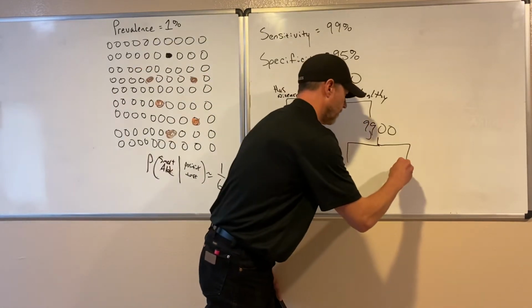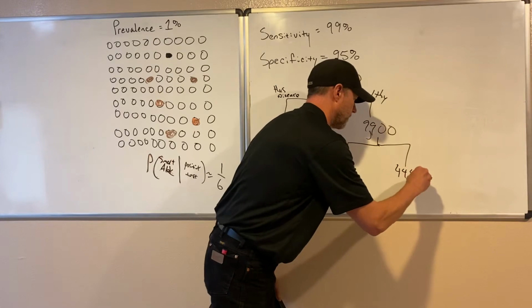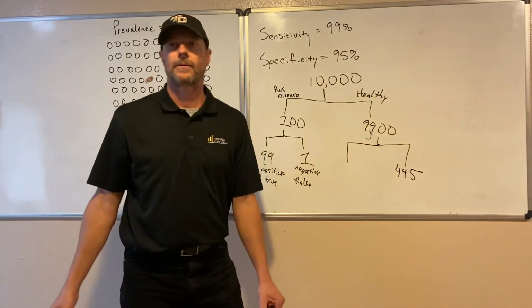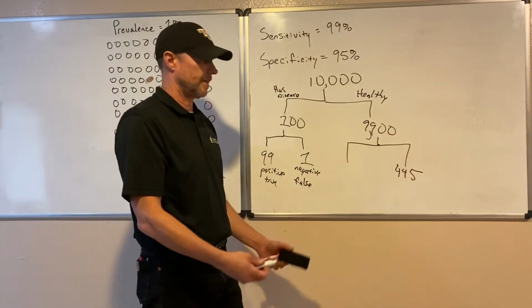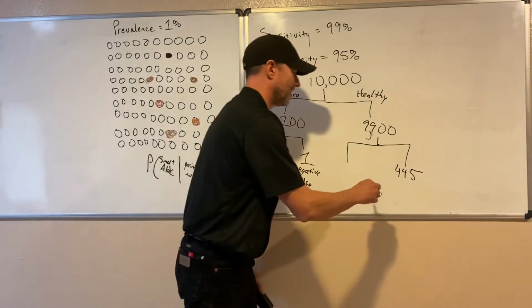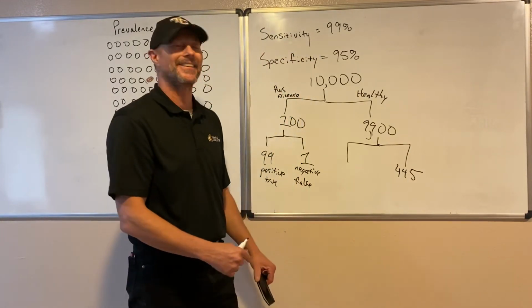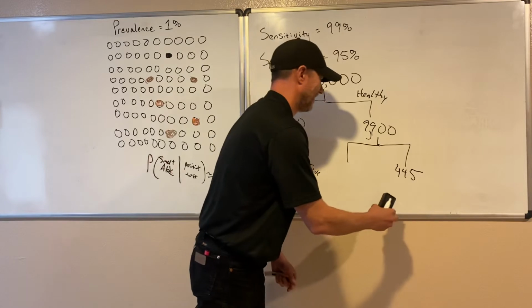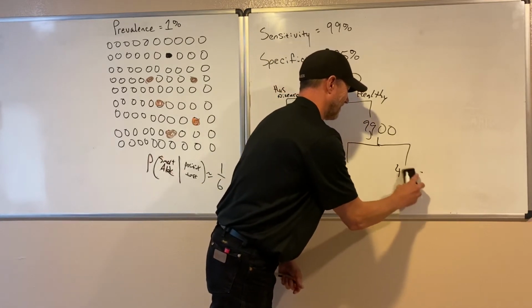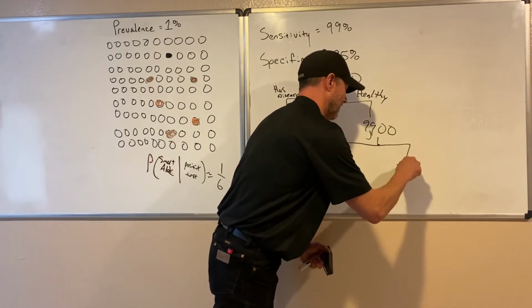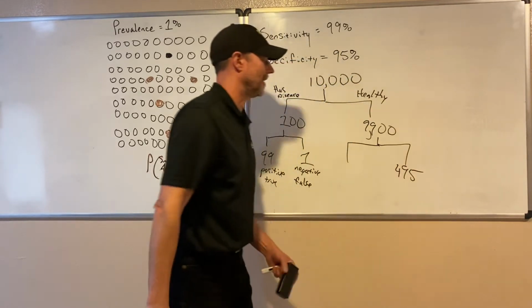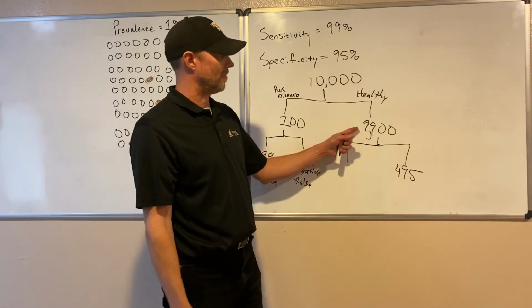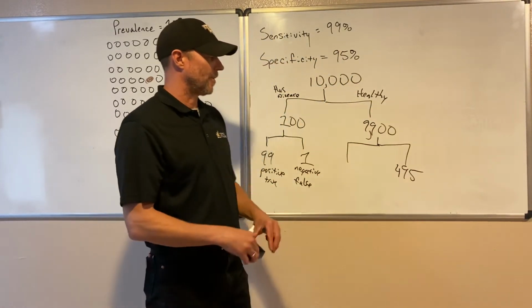That'll be 445, is that right, Patty? She's supposed to yell out, yes, that's right. No, that's not right. 4 goes in there 4 times, and then 9 times, and then 5 times. Oh, okay, 495. Thank you, Patty. Okay, so 5% of 9,900 is 495.